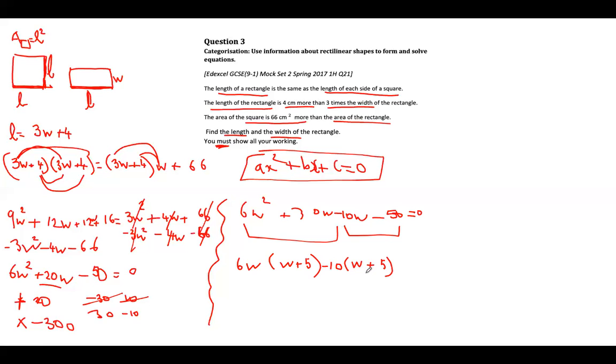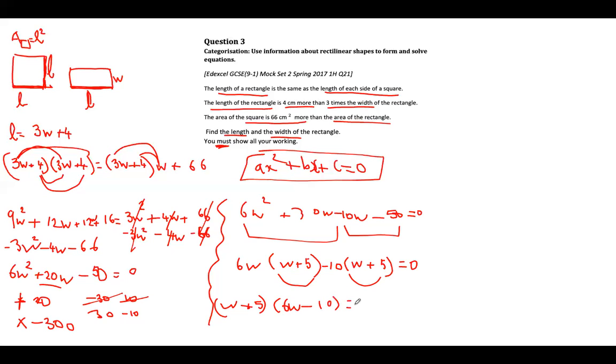If you expand, you again get minus 10w minus 50, right? Equals 0. I have the same common factor here, w plus 5. So I'm going to reorganize them as w plus 5 in brackets, open another bracket, 6w minus 10.